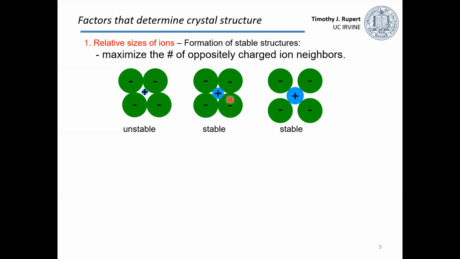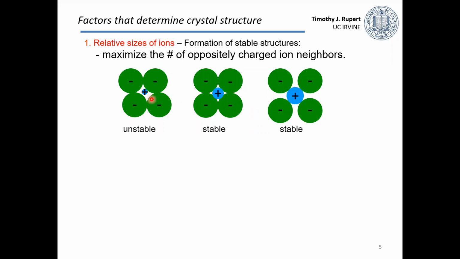So for these two examples on the right, we'll start with this middle one. This is the case when that negative ion is just the perfect right size to fit into the gap between the larger negative green ions here. So if it's exactly that size or larger, what's really important here is that this blue positive ion is always surrounded by 4 negative ions.